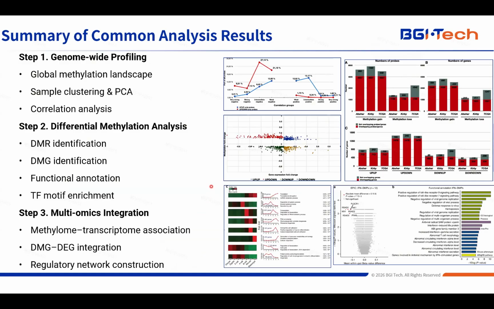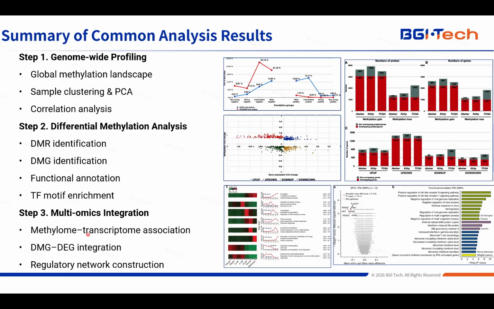And next, this part summarizes the overall workflow for demethylation data mining, and it will generally follow several steps. In the first step, we perform genome-wide methylation profiling to obtain an overall view of the methylation. And the second part, we identify differentially methylated regions and genes between groups.